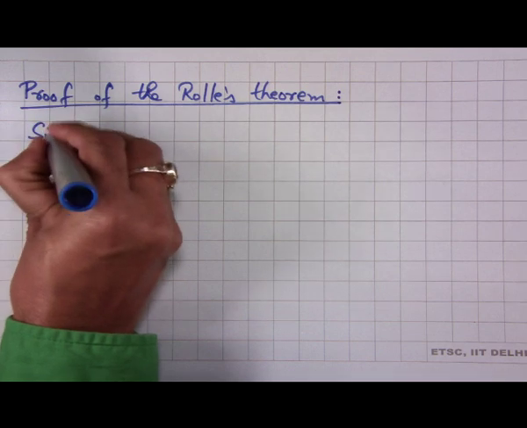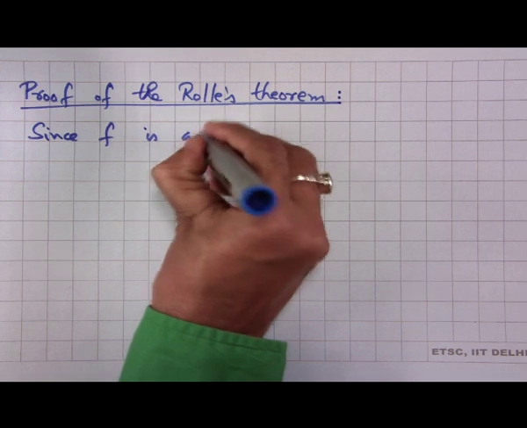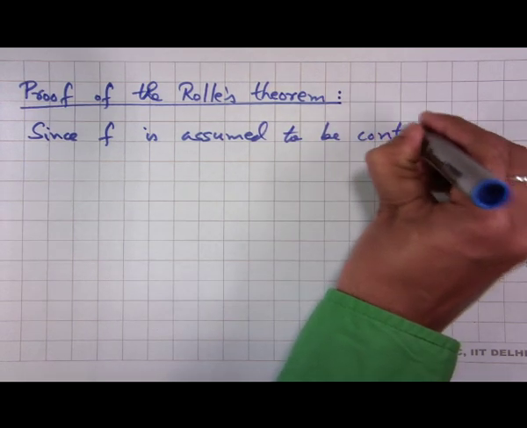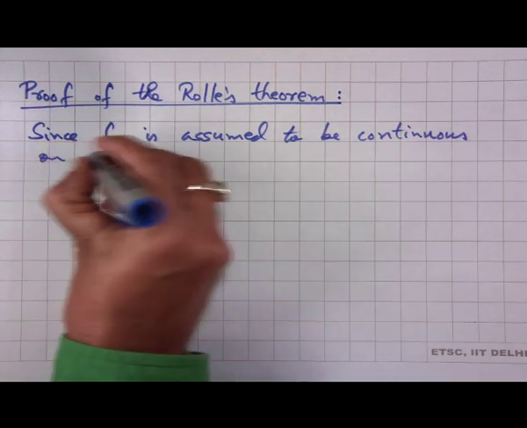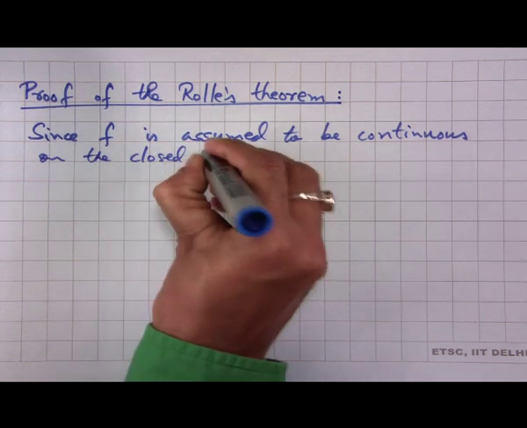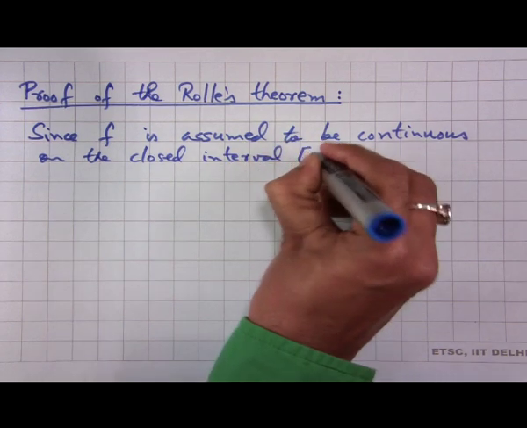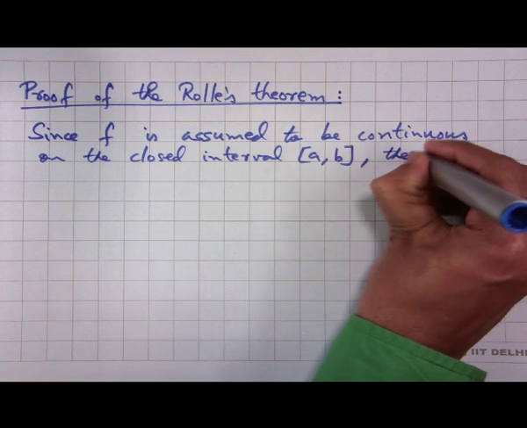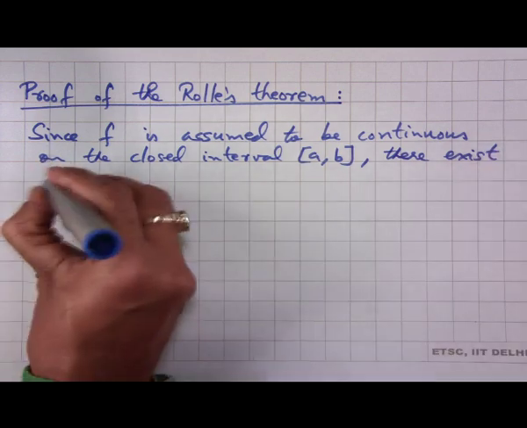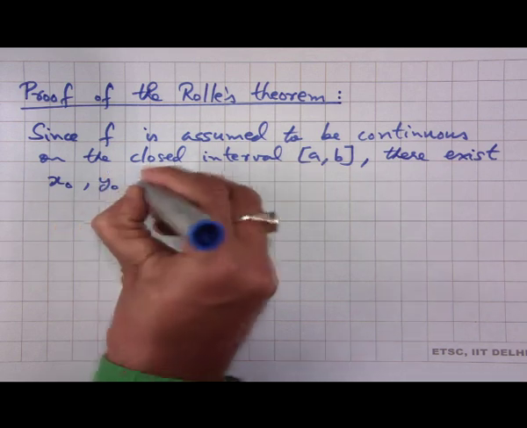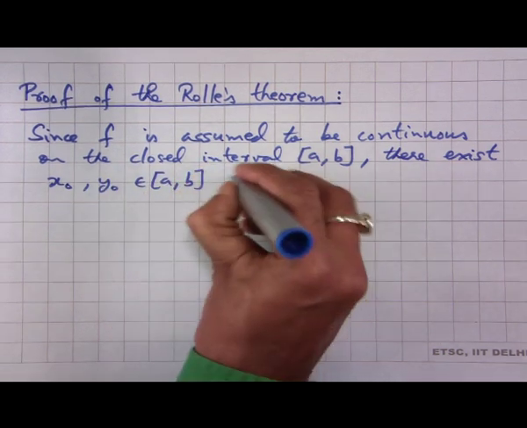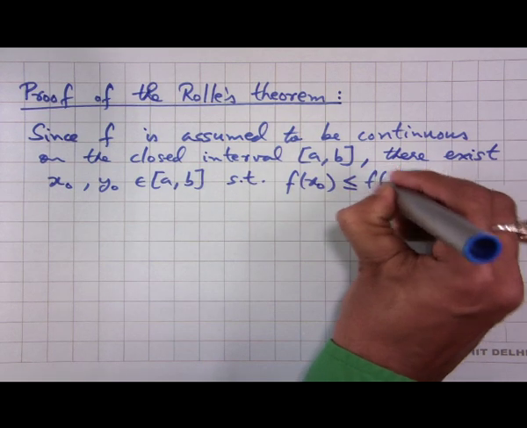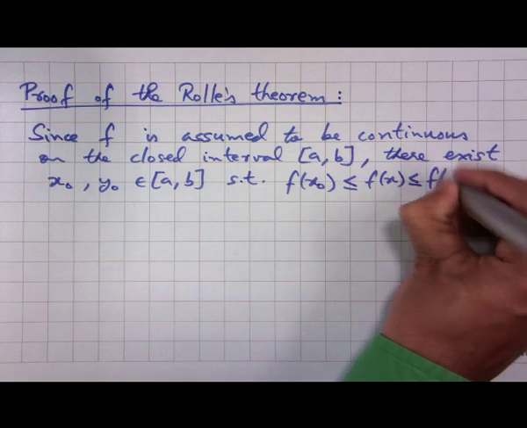So, first of all, since f is assumed to be continuous on the closed interval [a, b], there exist points x naught, y naught in the closed interval [a, b] such that f is minimum at x naught and f attains maximum at y naught.